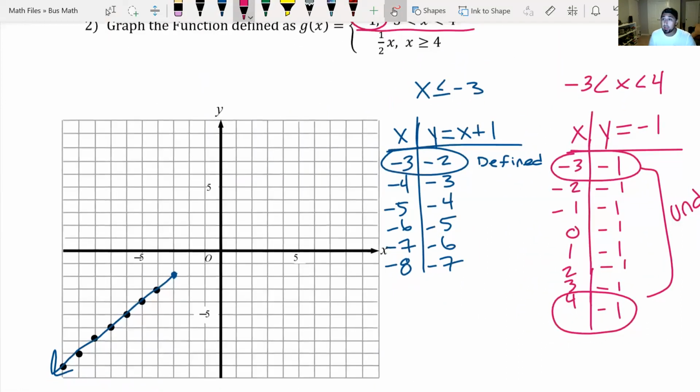All right, -3, -1. Right there, open. And then plot the rest, -2, -1, -1, -1, 0, -1, 1, -1, 2, -1, 3, -1. And then I get to 4, -1, and again, we'll have another open circle. And just connect. Okay, there's that.